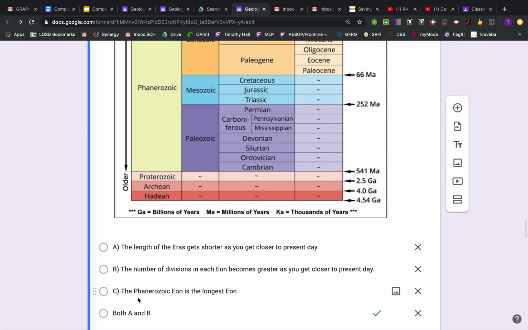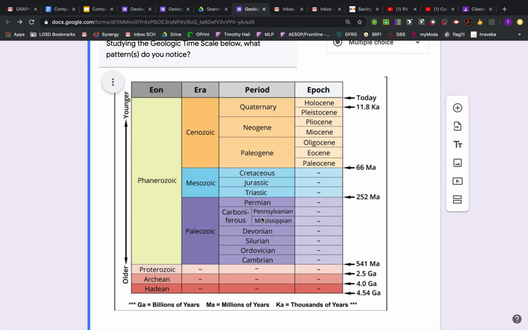And then the number of divisions become greater as you get closer to present day. Do you know why that is? We have more newer rocks. The newer the rock is, the more likely it is it's still around. If it's old, it gets destroyed by wind, weather, etc., and it goes bye-bye.